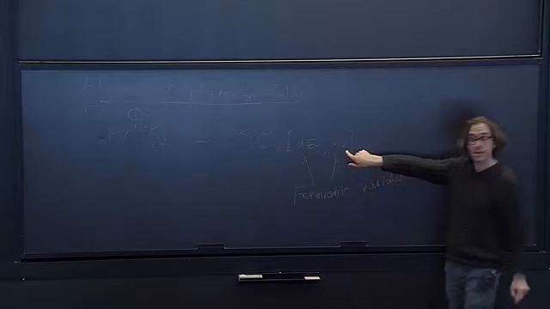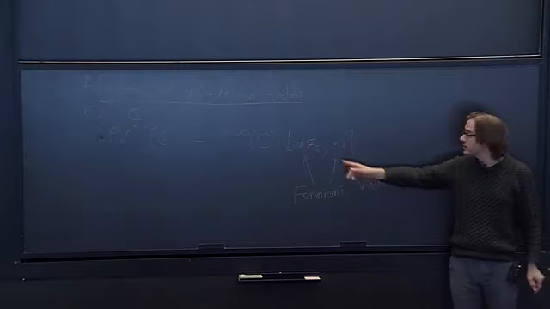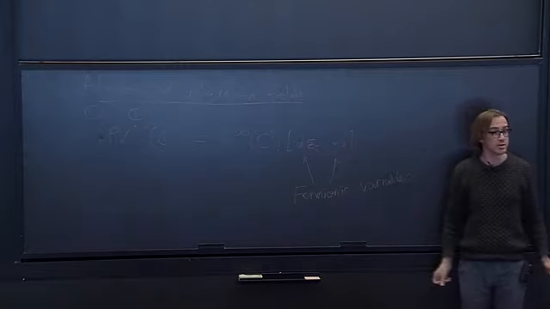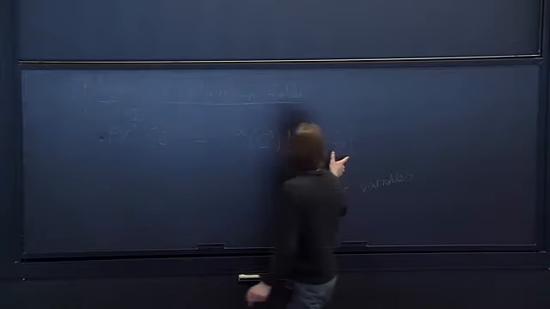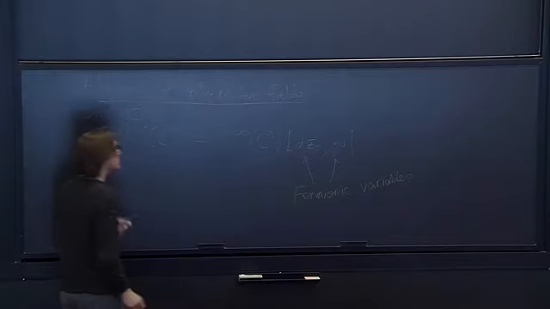And I hope the indexing convention is clear. So the index without a bar refers to the holomorphic directions, and those with the bar refer to the anti-holomorphic directions. So there's a total of 6 fermionic variables.